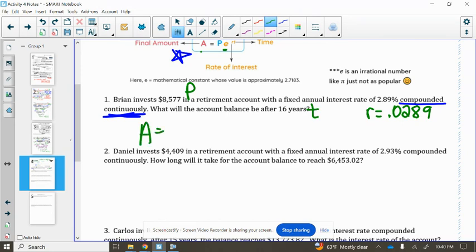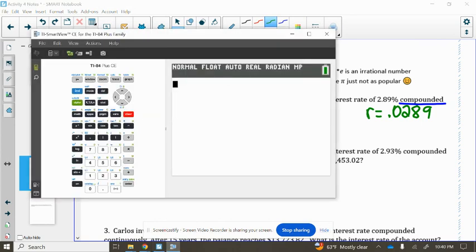So we're going to plug in that starting amount, e, to our r value times t, right? So in our calculators, we're going to just, again, type basically all that in.